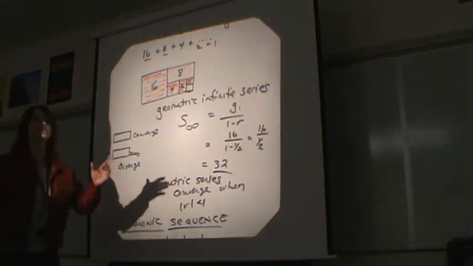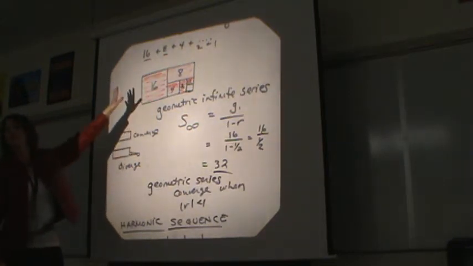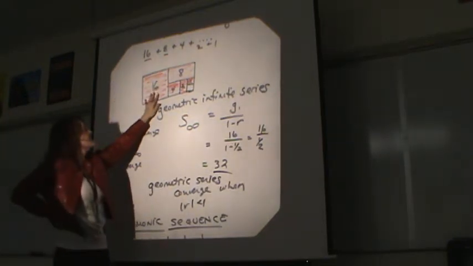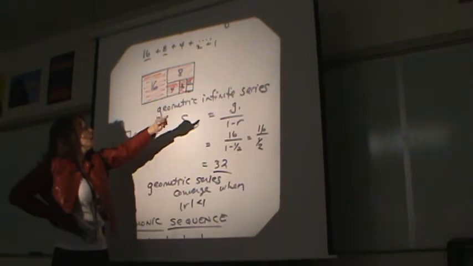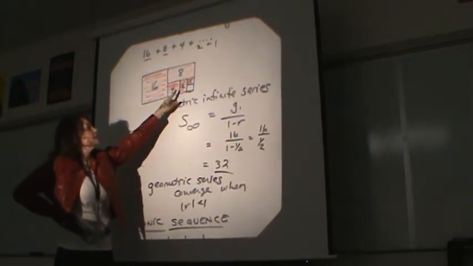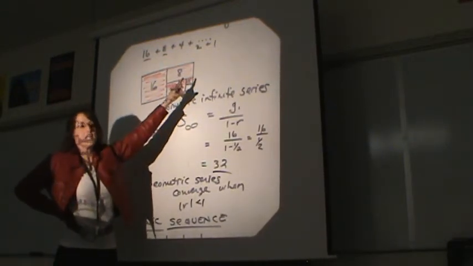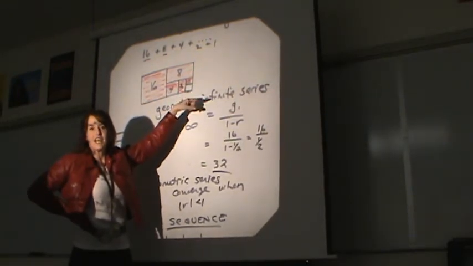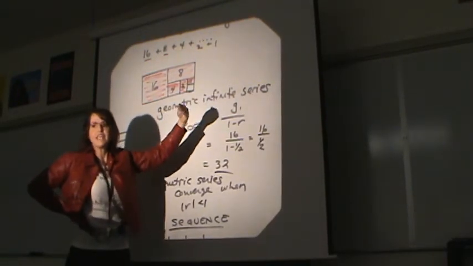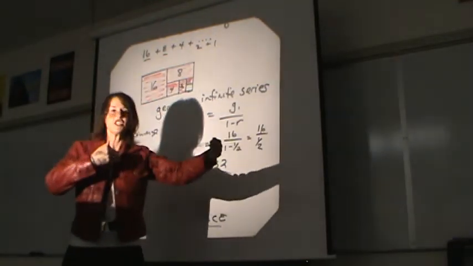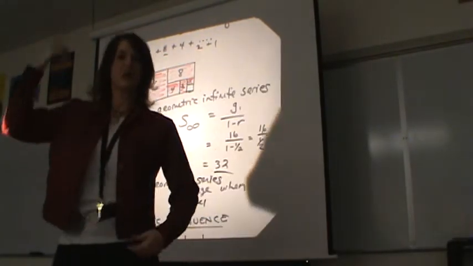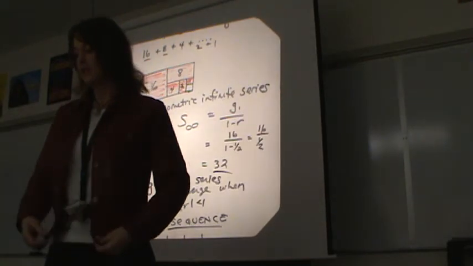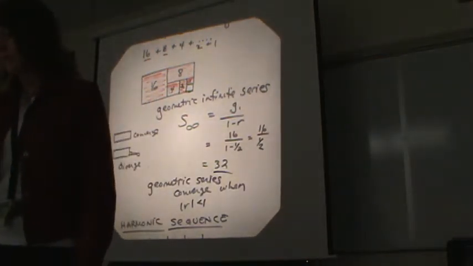The partial sums for this series that we sketched visually would have been 16, 24, 28, 30, 31, 31.5, 31.75, you with me? And then you could see that it's approaching 32. That's the idea of partial sums.